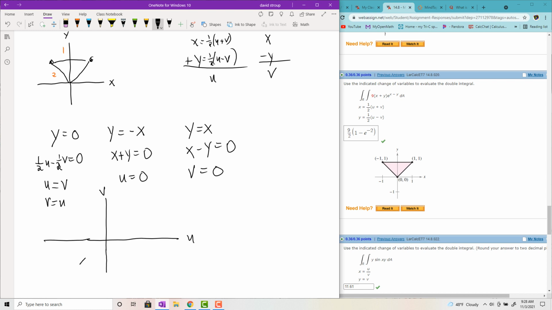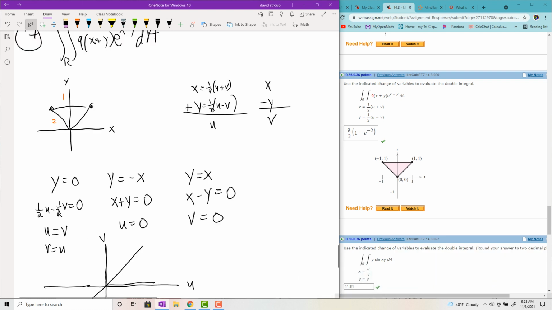We have u equals v, and then we have these two curves, which doesn't give me a region. I screwed up again somewhere. Hold on. It's not y equals 0. Sorry. It's y equals 1. Sorry, plus 1. And then we want v equals something, right? So we want v equals u minus 1. Okay, that'll help.